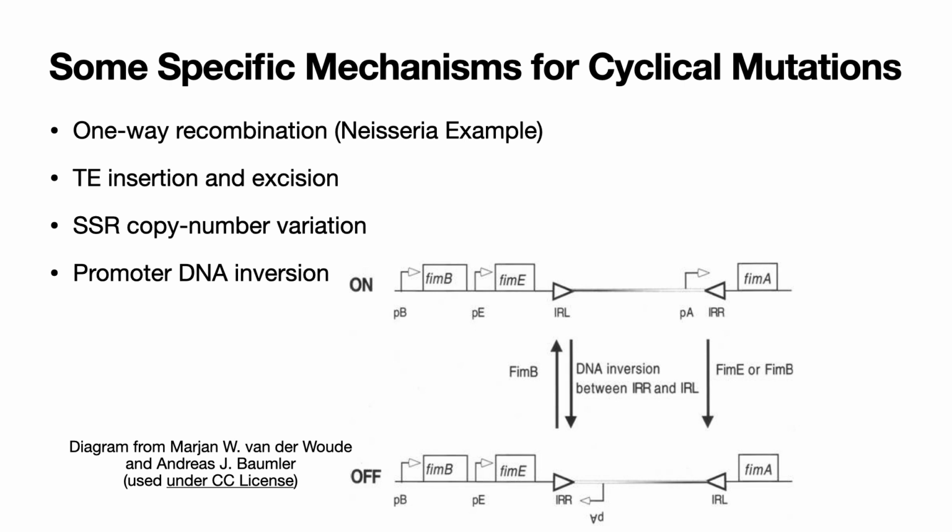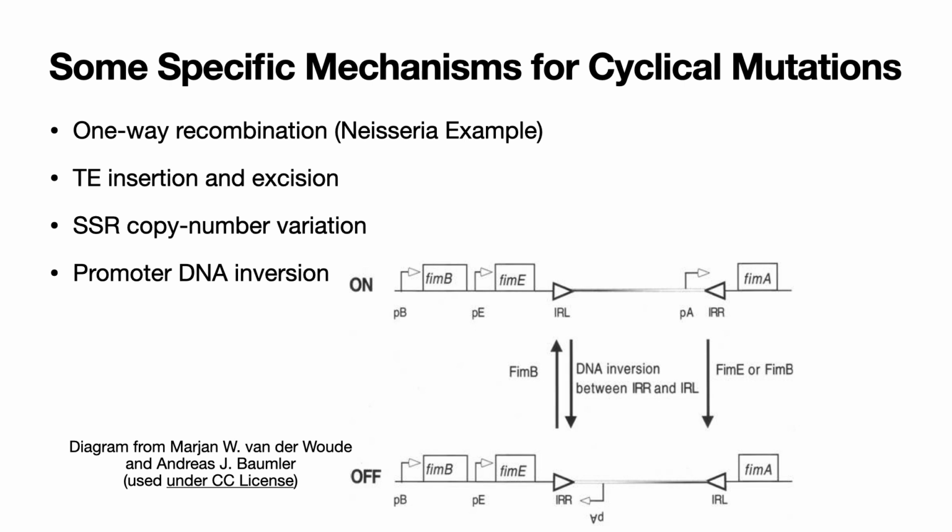One of the more interesting ones is simple sequence repeats. So a simple sequence repeat mutates almost entirely by copy number variation. So it mutates by increasing or decreasing the number of repeats. And so because of that, you frequently revisit copy numbers because it varies by expanding and contracting.